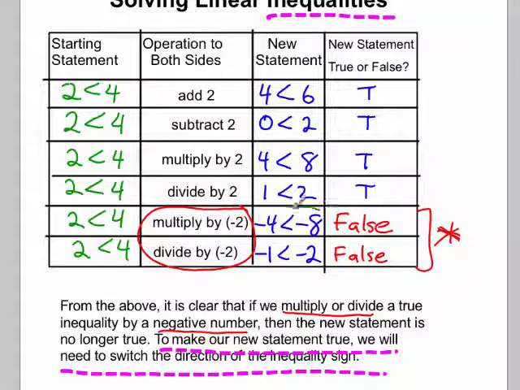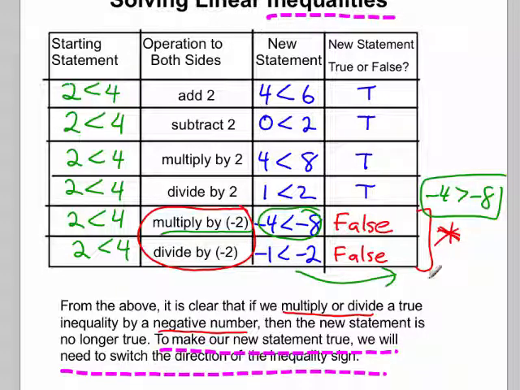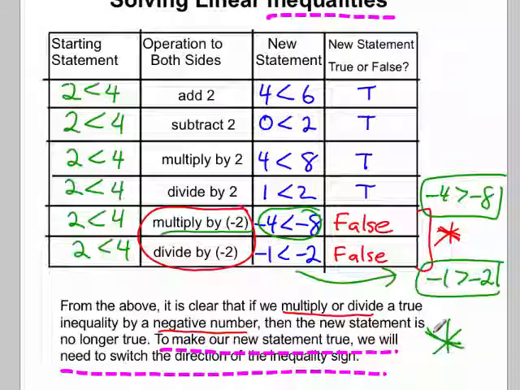In other words, if I'm going to multiply both sides by negative 2, I'm going to have to reverse the sign to make the statement true. Okay? And that's a key principle in solving inequalities.